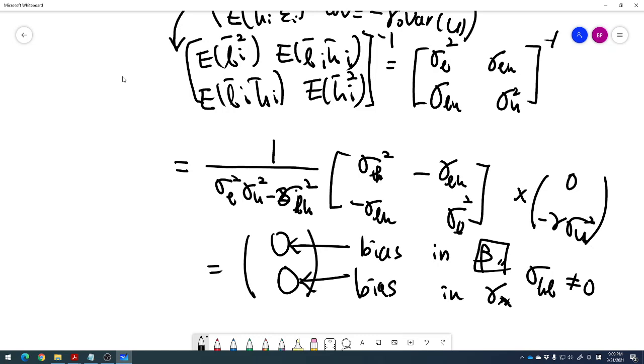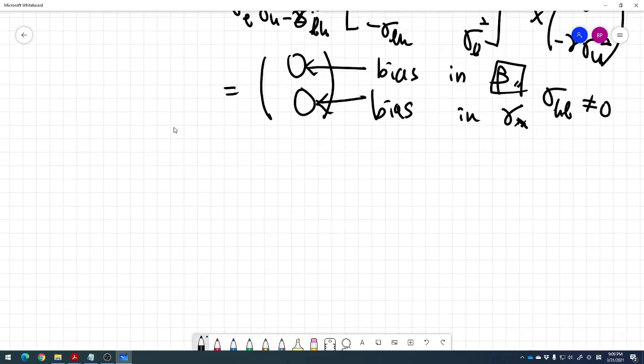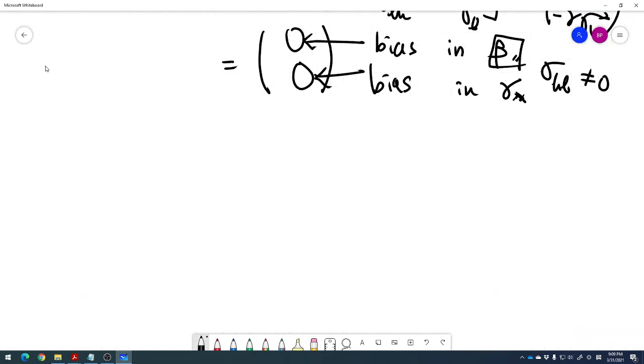This is the best way to derive the final answer. We know there is a misspecification bias, but just to show its closed form solution, then maybe by hand this is the best you can do.